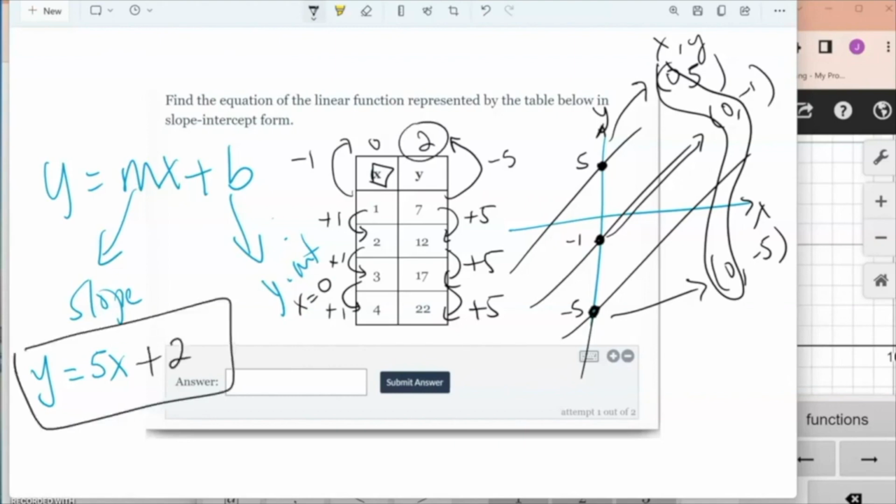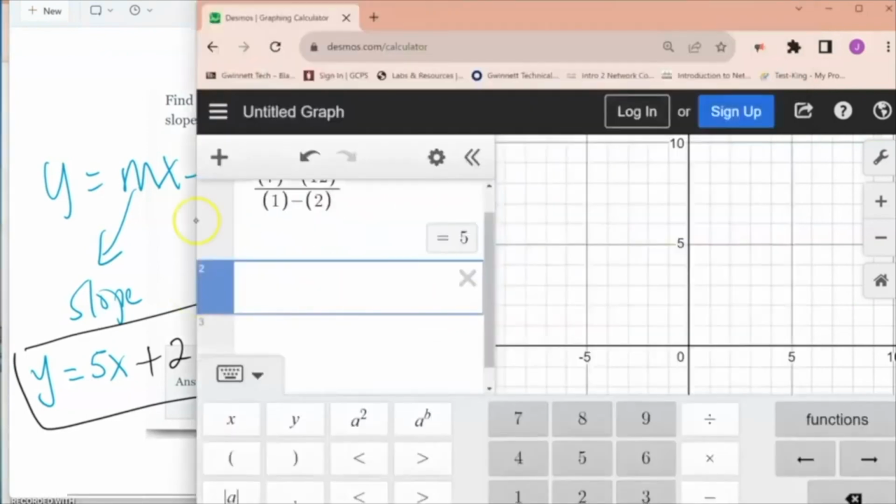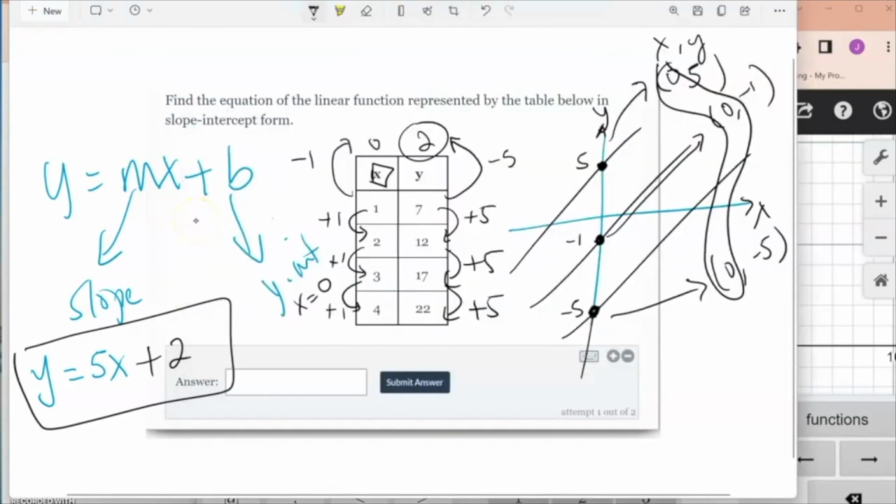Now, there are some questions that will be more complicated than this, and I am going to show you how to use a Desmos calculator. Why not? In these kinds of questions, you can insert a table.